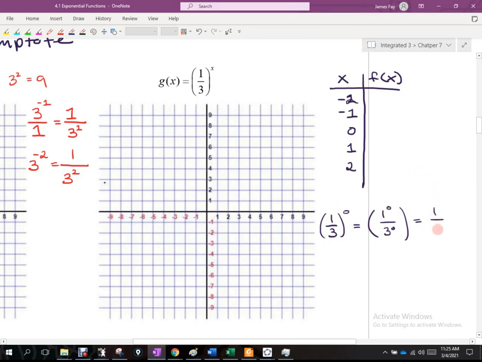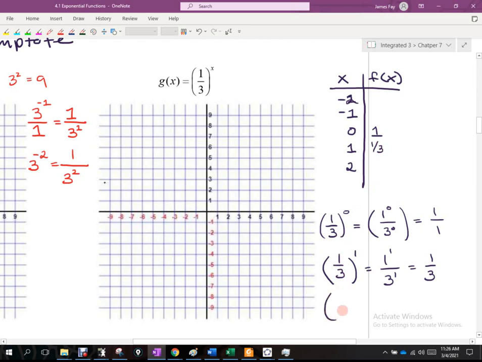What's 3 raised to the 0? 1. What's 1 divided by 1? 1. So when x is 0, I get 1 back. Now let's try 1/3 raised to the first power. That's 1 raised to the first over 3 raised to the first, which is just 1/3.